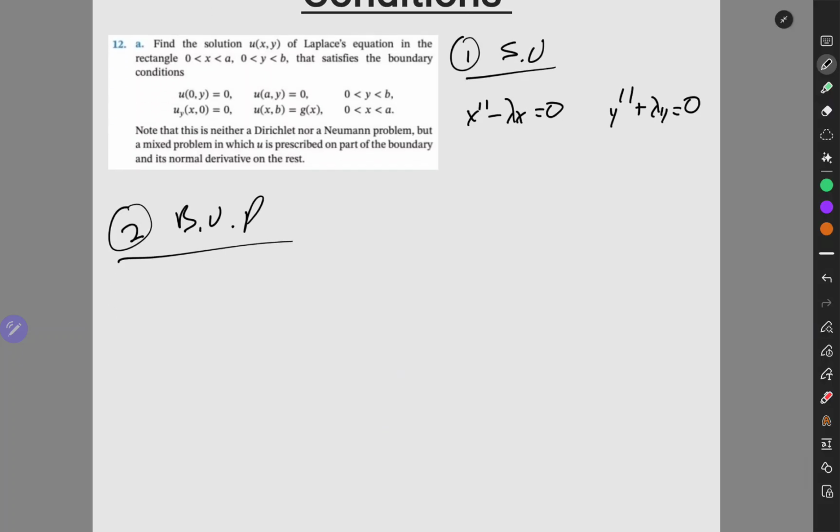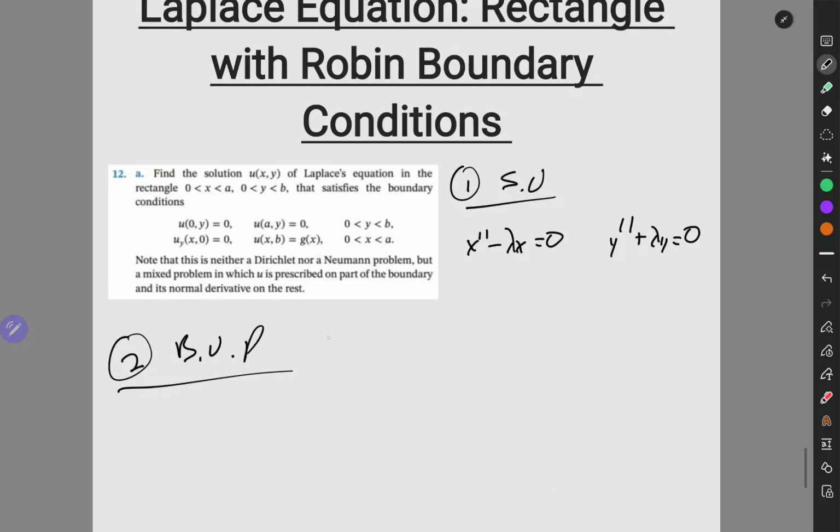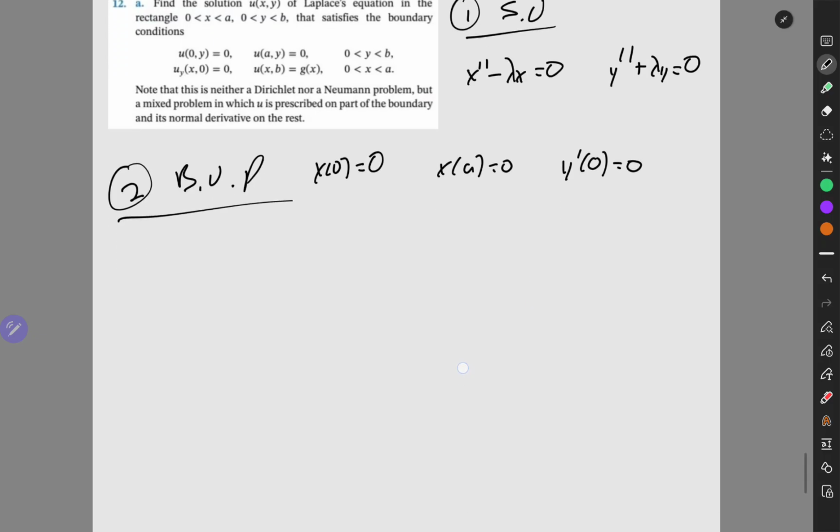We have x of 0 equals 0, x of a equals 0, and y of b equals g of x. Y prime of 0 equals 0. So we're going to use the x equation for the boundary value problem.